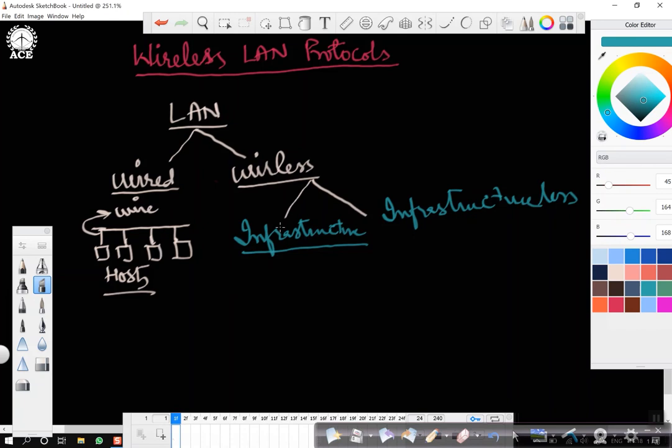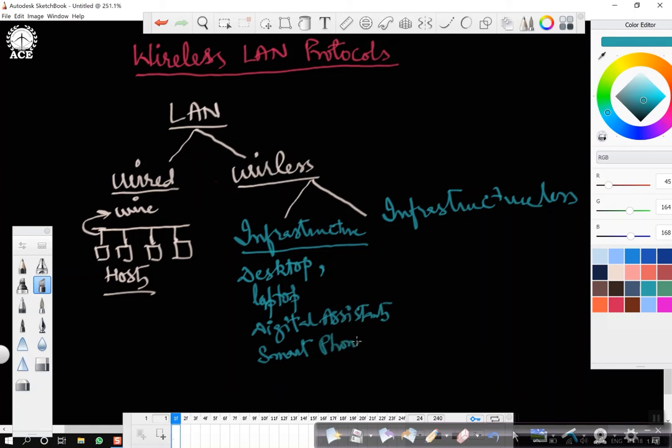Generally, what are the components? Here it could be a desktop, which we generally don't use in wireless but the possibility is there. We can have a laptop, or even some digital assistants, some digital components, or your smartphones.